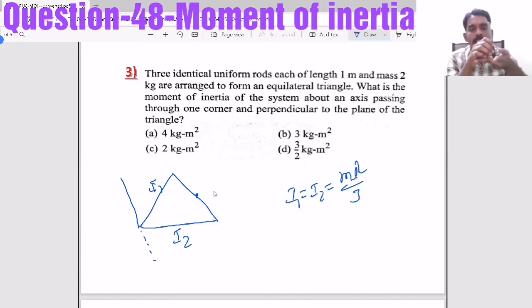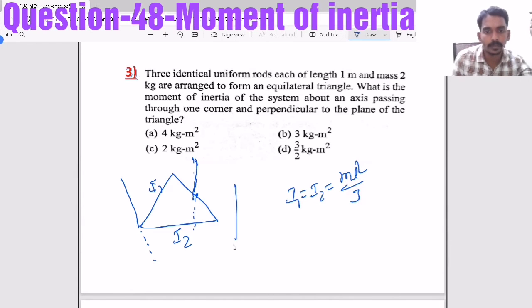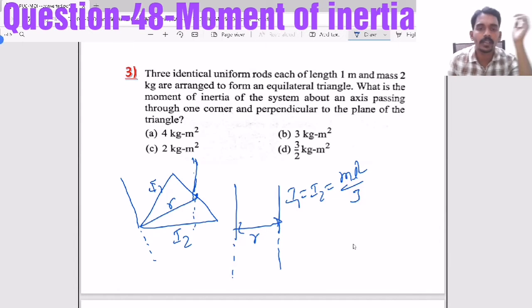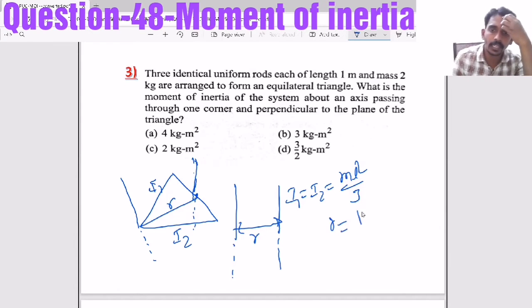Now the axis is like this and the rod is like this. About its central axis, the moment of inertia is like this. Imagine one axis. This is the actual axis, and this is the reference axis. Now this is the perpendicular distance, nothing but the height of the triangle, where the height of the triangle is root 3 L by 2 for an equilateral triangle.